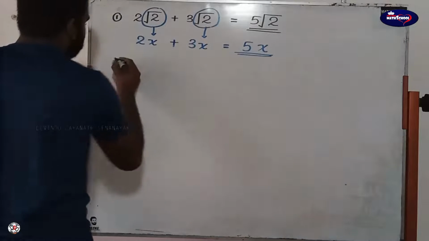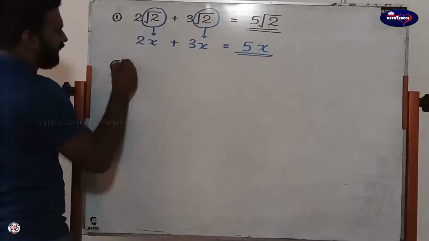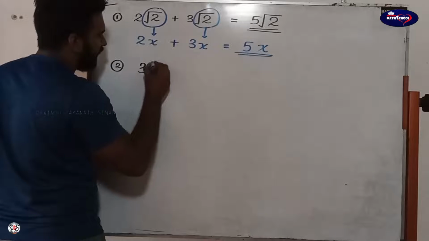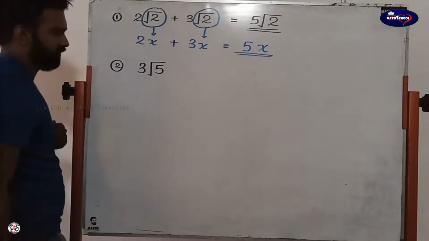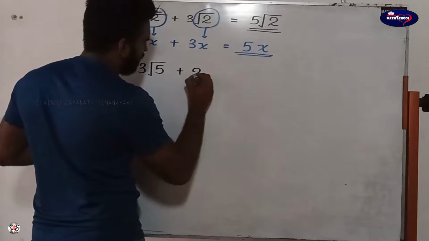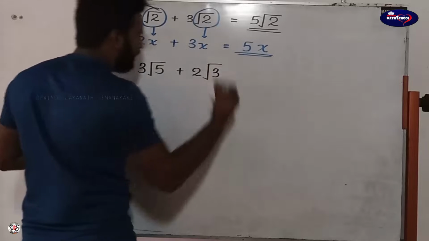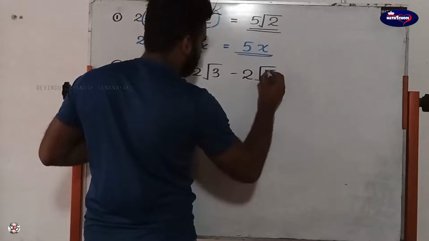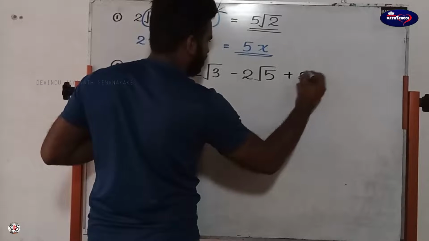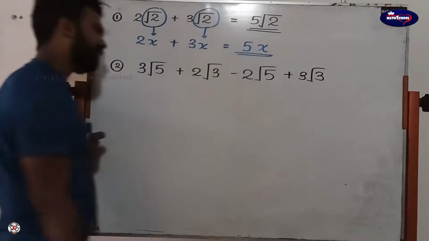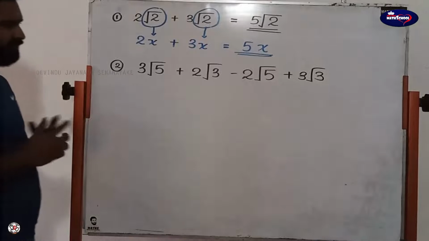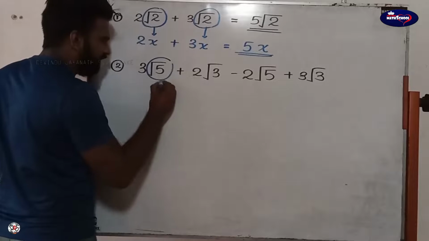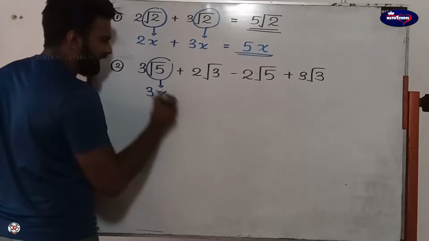Don't write. I will do another one. 3 of something like this, plus 2 of something like this, minus 2 of something like this, plus 3 of something like this. Now tell me, we can take this as x. You don't know this value, so if I take this as x, you have 3x.